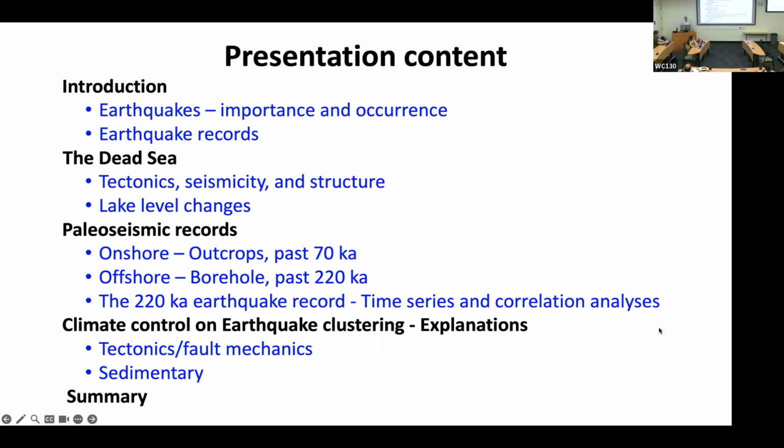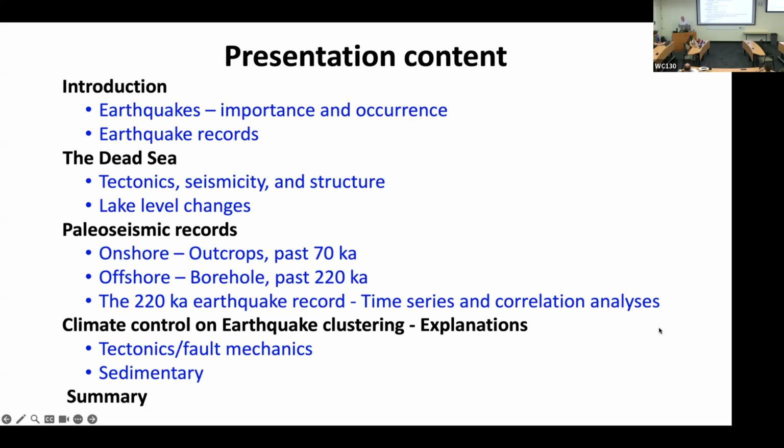So the background will include an introduction about earthquakes, earthquake records, then about the Dead Sea, the tectonics, seismicity and structure, then lake level changes, to see how they connect with one another, and paleoseismic records from the Dead Sea, onshore from outcrops of the past 70,000 years, and offshore from boreholes of the past 220,000 years.